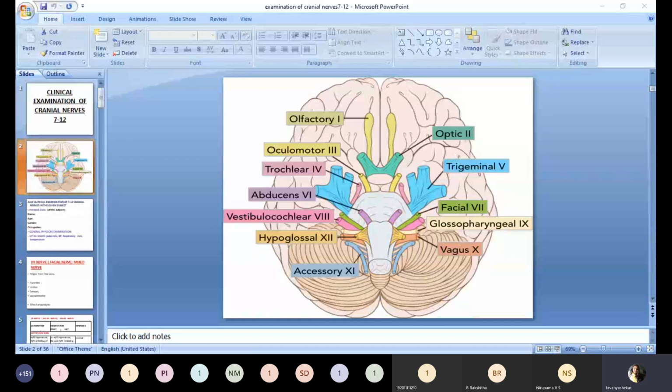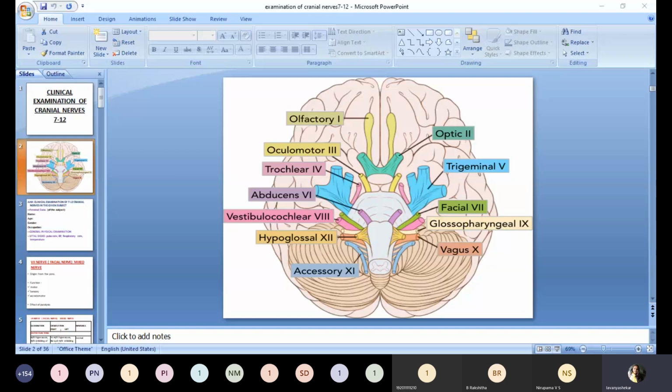You all know which are purely sensory nerves, purely motor nerves, and which are mixed cranial nerves; the facial nerve is a mixed cranial nerve. It has 3 different sets of fibers: motor fibers, sensory fibers, and secretomotor fibers.